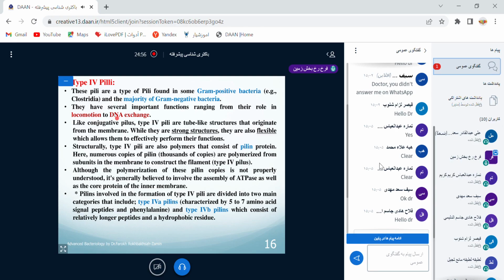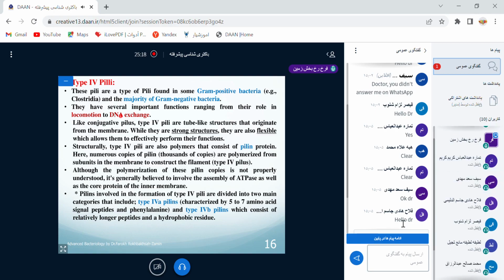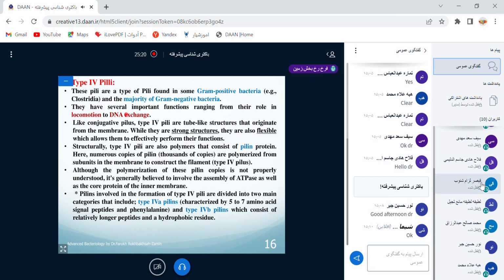So what is the similarity and difference between these pili and conjugative pili? Conjugative pili, as we explained previously, were used only for DNA exchange, the transfer of plasmid DNA from one bacterium, the donor cell, to the recipient cell. But here, along with conjugation, it can be used for locomotion.